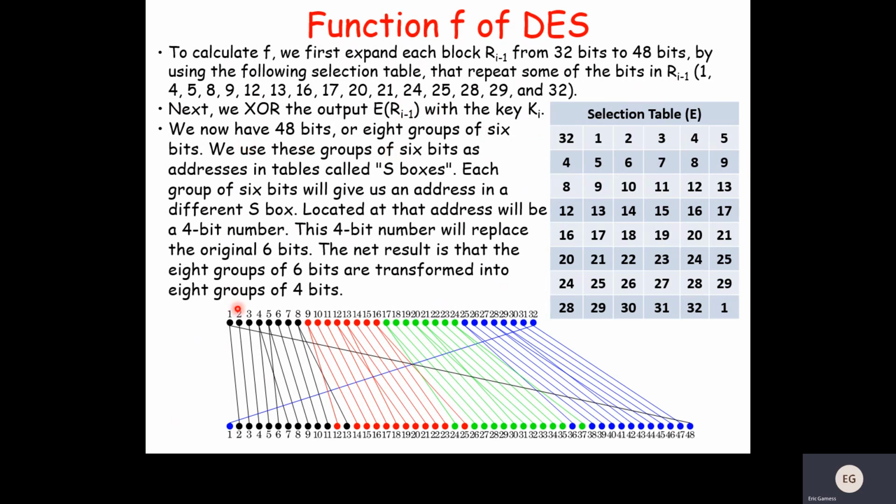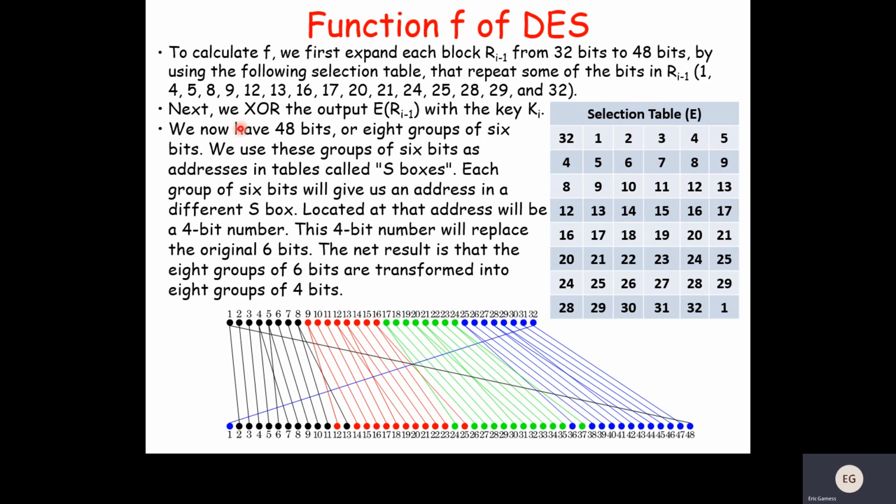Then the third step is explained here. We have 48 bits. We are going to divide these 48 bits into blocks of 6 bits. And for each block of 6 bits, we are going to apply an S table. So we have 8 S tables. I'm going to explain how we apply the S table.